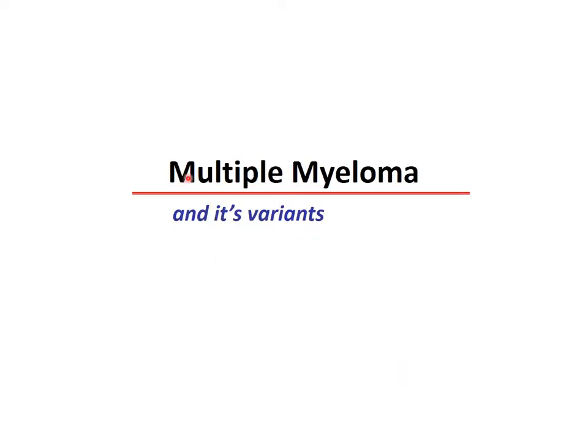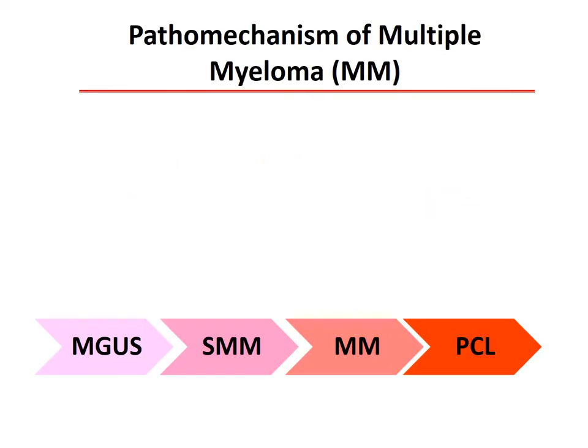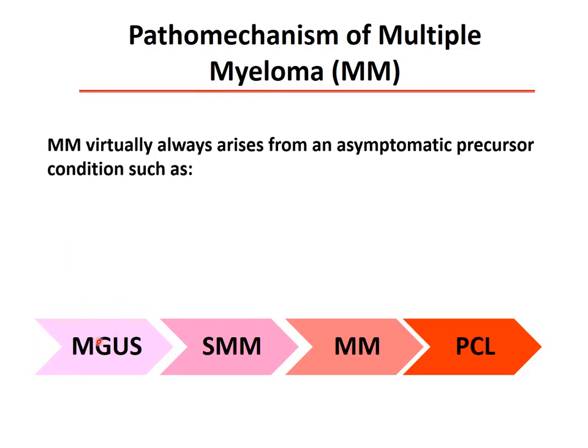Now, multiple myeloma is the next step. This is when we do have clinical signs and symptoms as well. Again, inside this multiple myeloma, its variation is going to differ in different cases. So the mildest one is called MGUS.